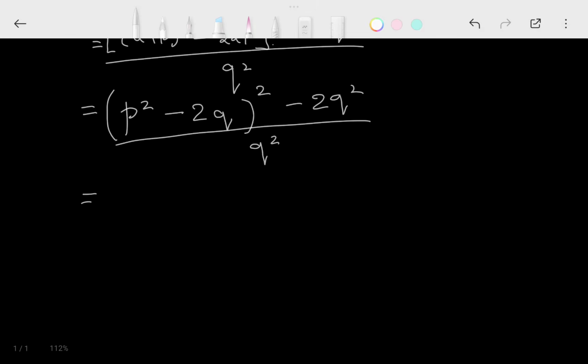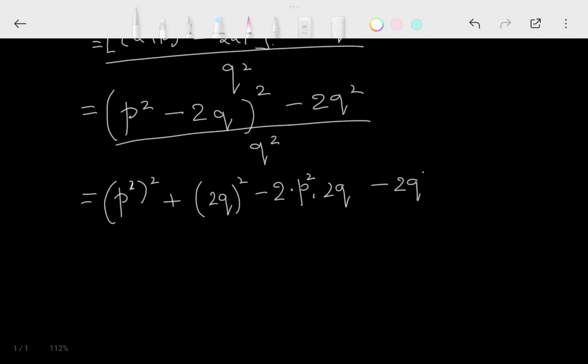Again, using the identity, we will expand this bracket. What we get, square of the first term plus square of the second term minus 2 times the product of first term and second term, minus 2q square, whole divided by q square.